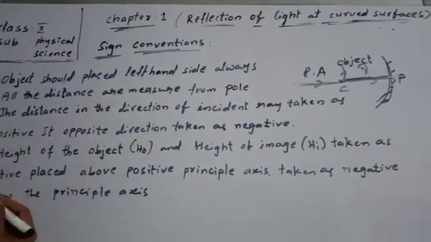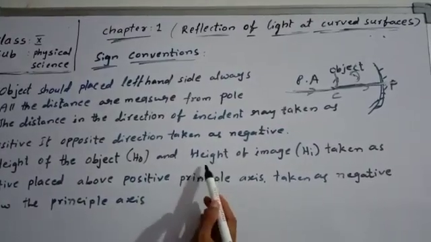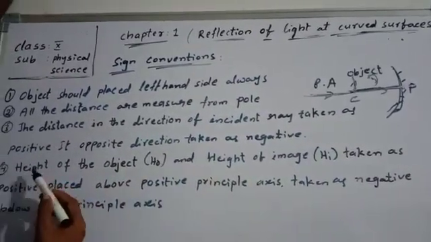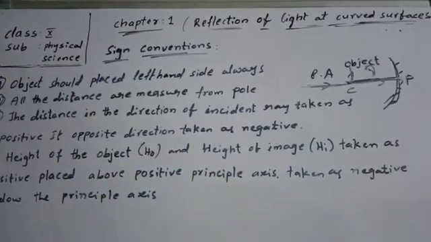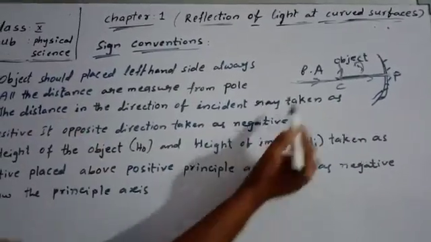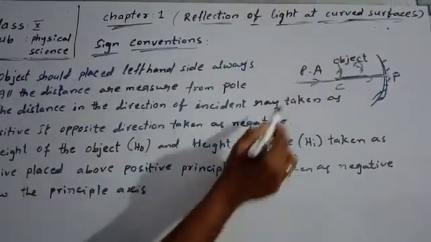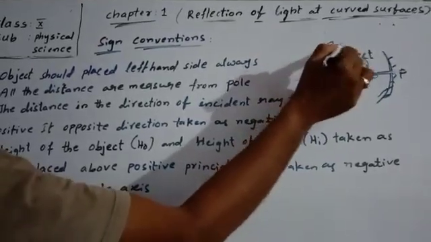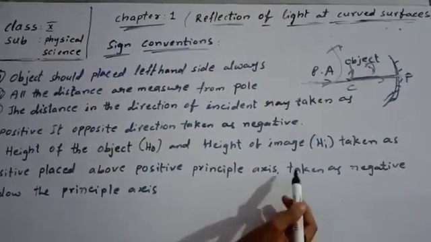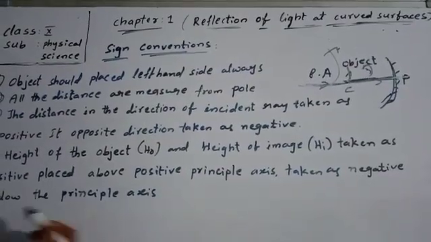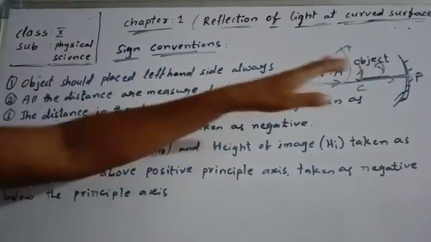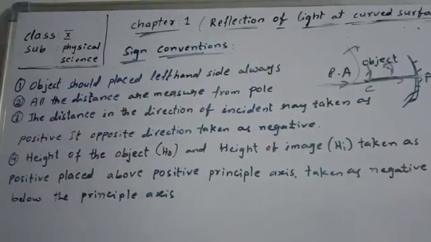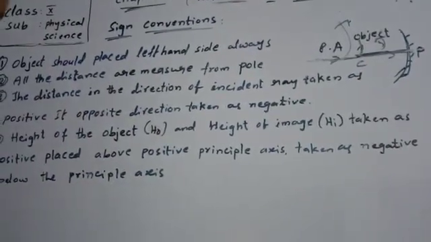What are they saying? The height of the object and the height of the image are taken as positive above the principal axis, and negative below the principal axis.